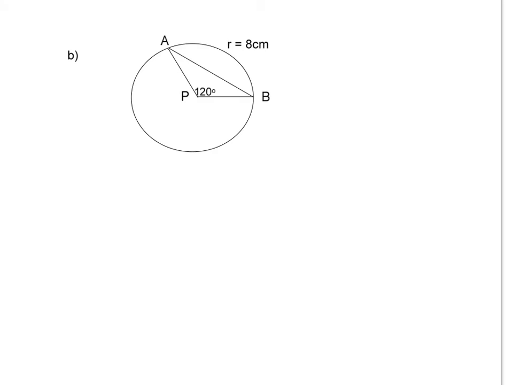Let's look at this one right here, a little bit tougher. I'm looking for the area of this segment, so that's this guy right here in blue. What I'm going to do once again is find the area of my sector, which is this guy in purple. So it's 120, the measure of my angle, divided by 360. That, of course, is 1/3, and this is 1/3 of my circle.